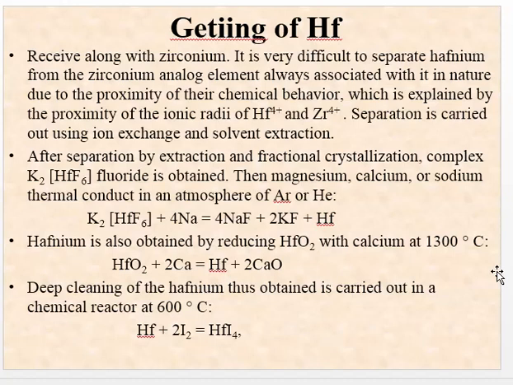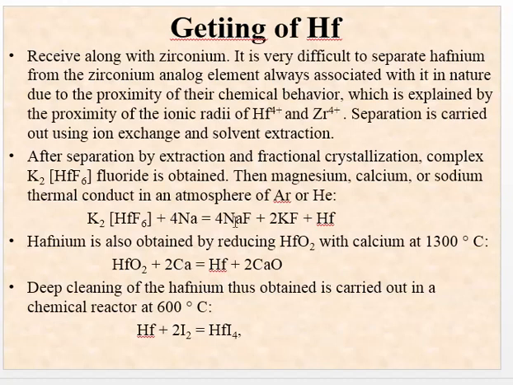But after separation by extraction and fractional crystallization, the complex potassium hexafluorohafnate is obtained. It is reduced by magnesium, calcium, or sodium thermal reduction in an atmosphere of argon or helium.